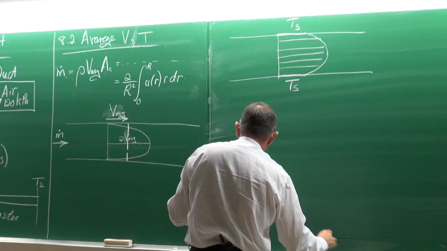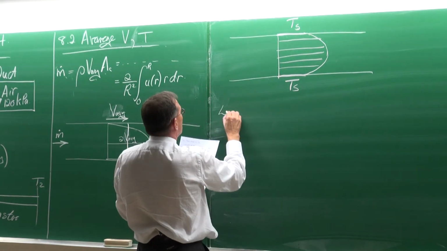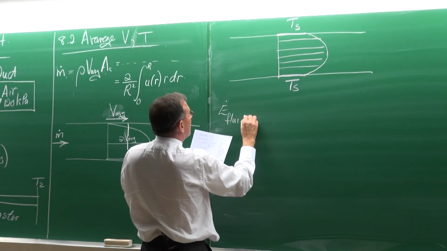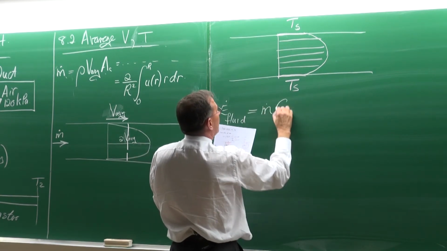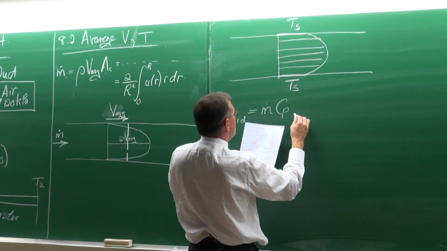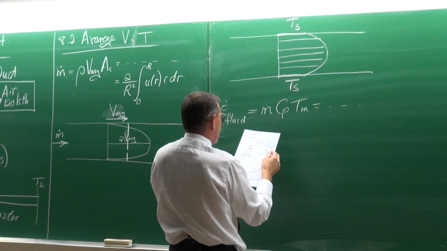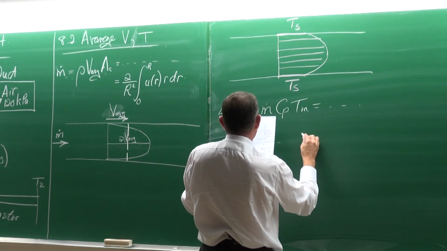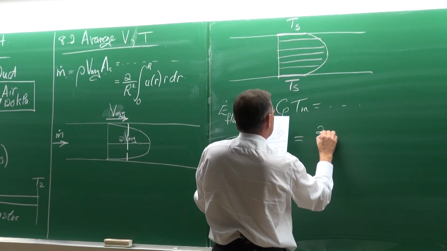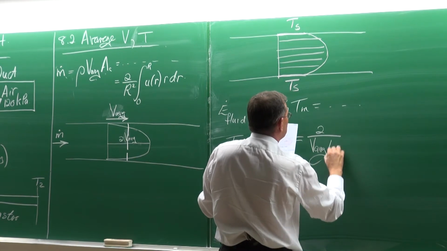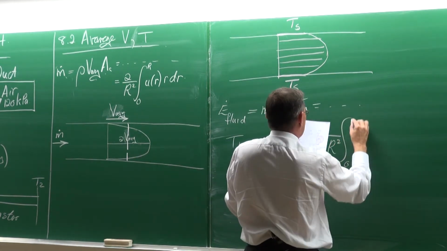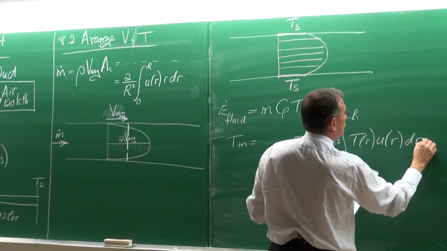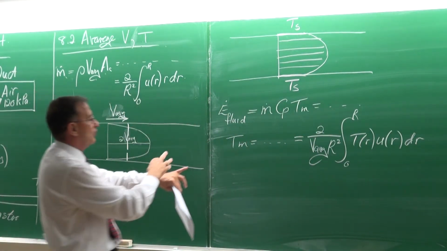And again, you can go through all the equations. From the conservation of energy, you can look at the energy terms in the fluid and say it is equal to m Cp Tm. You go through a derivation, and from that you can derive the mean temperature, which is equal to 2 times V average multiplied by r squared, the integral from 0 to r of T u r dr. So it's a little more complicated than the fluid mechanics one in terms of the integration.